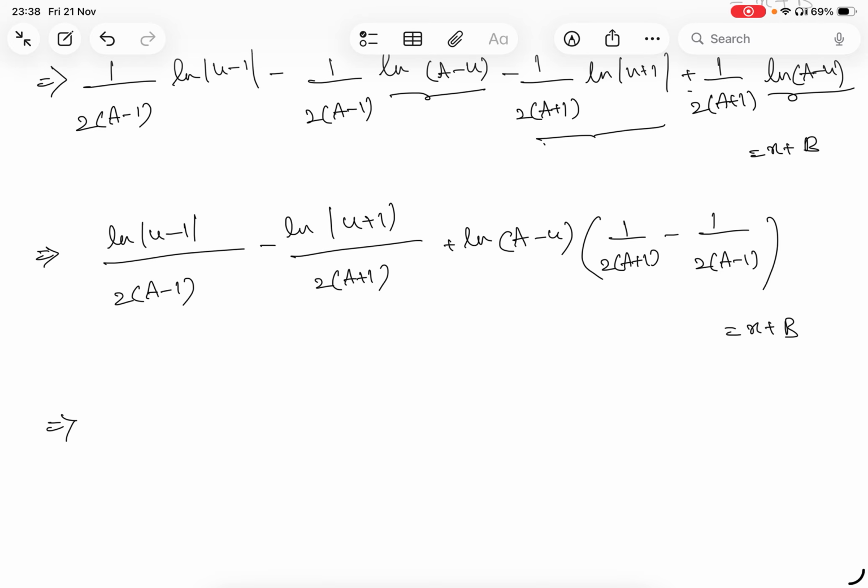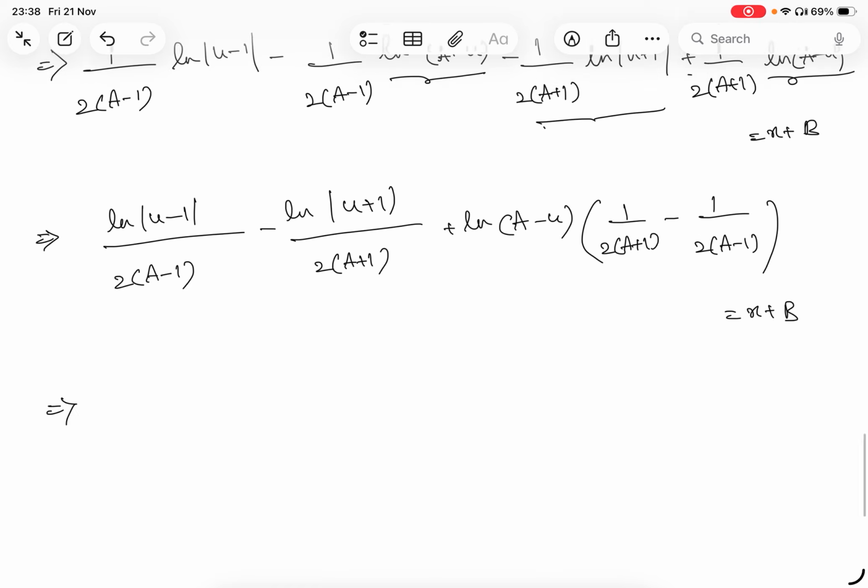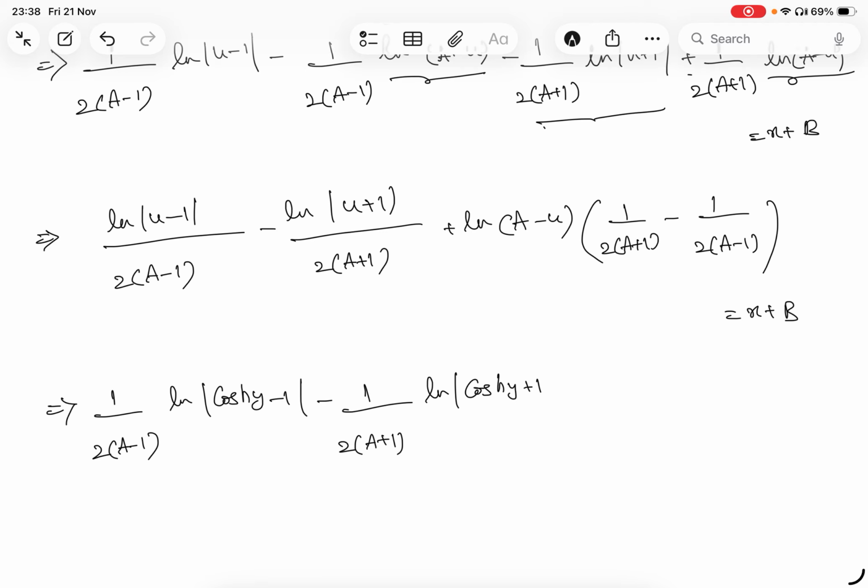Now let's simplify it further. This will be 1 by 2 into a minus 1. As you can see, we have considered u equal to cos hy, right? Then this is ln of mod cos hy minus 1, minus 1 by 2 into a plus 1 into ln of mod cos hy plus 1. Fine.